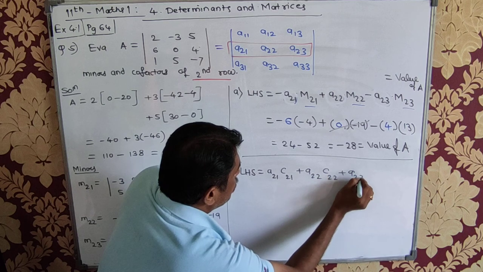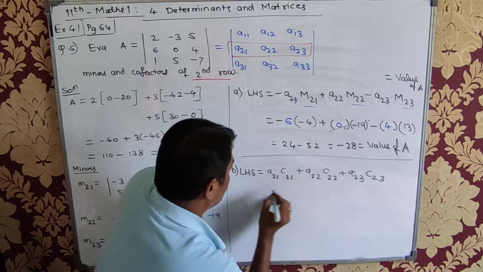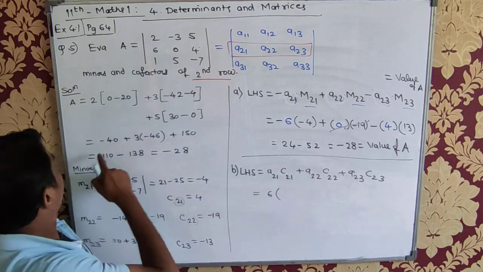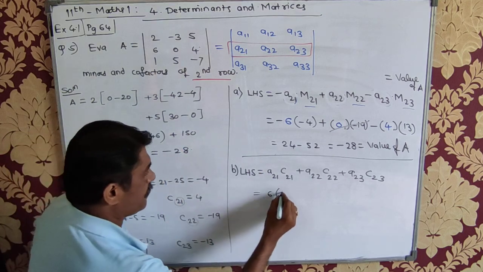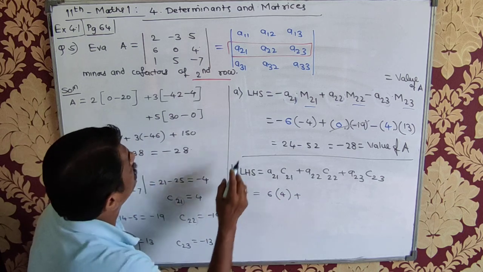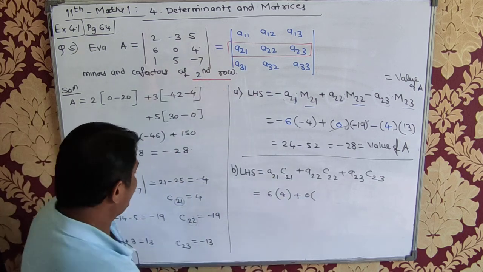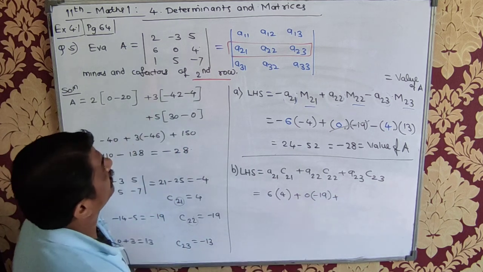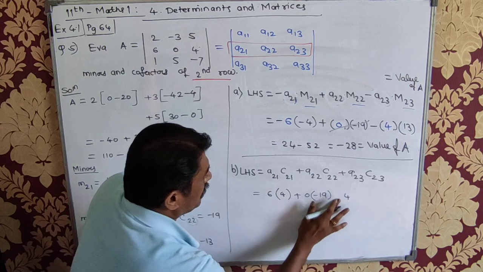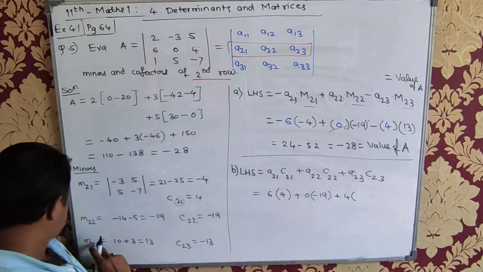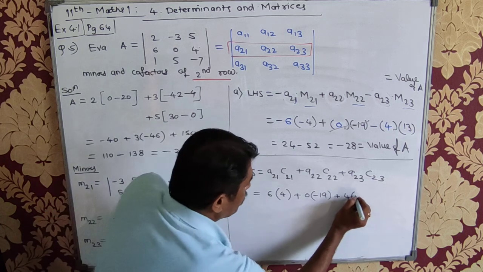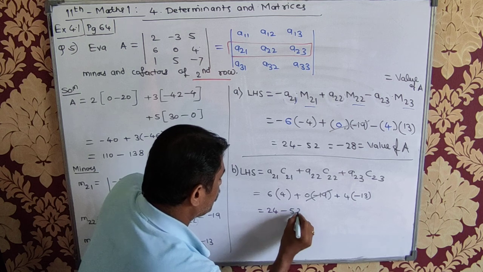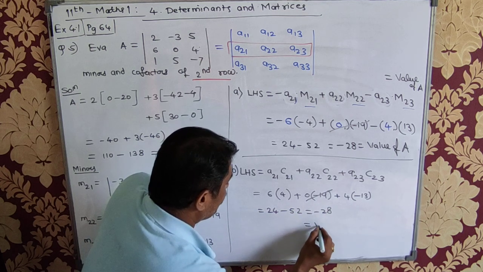A21 is 6, C21 is 4, plus A22 is 0, C22 whatever, minus 19, what difference will it make? A23 is 4 and C23 is minus 30. This is gone. Again minus 28, and that is equal to value of determinant.